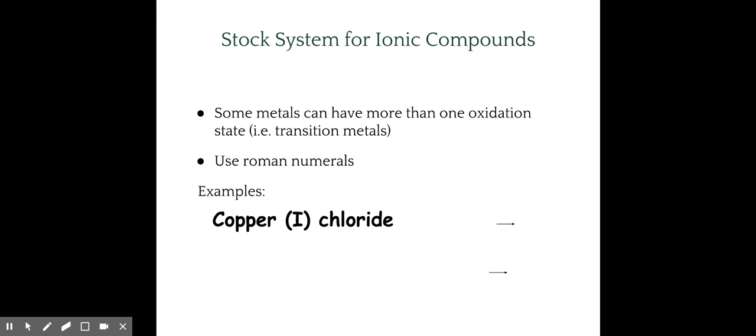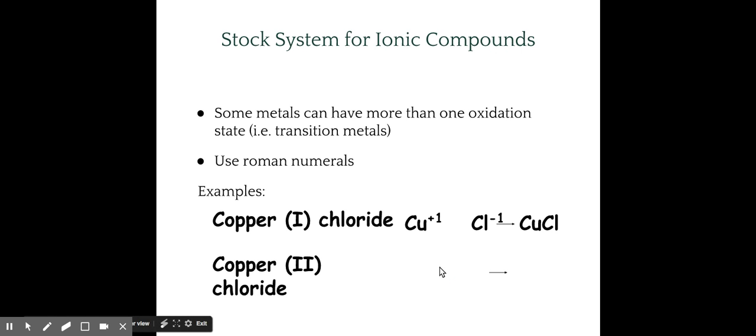So let's look at this. Copper 1 chloride. What does this 1 tell us about the charge of copper? This 1 tells us that copper has a +1 charge. And if you look in group 7 of the periodic table, you'll see that chloride has a charge of -1. When you crisscross those charges, and because ones are understood, you simply have CuCl.